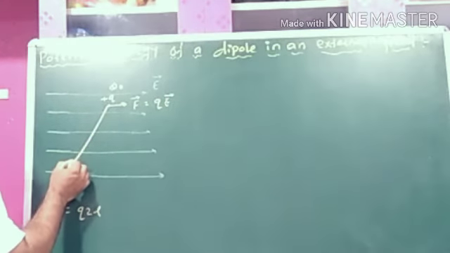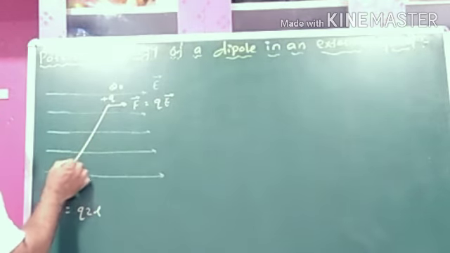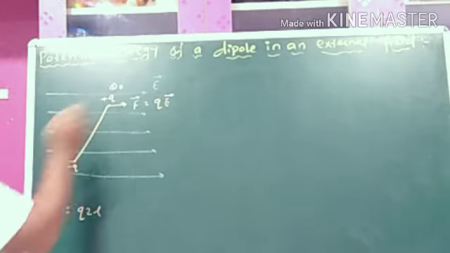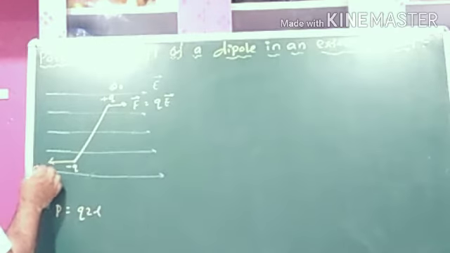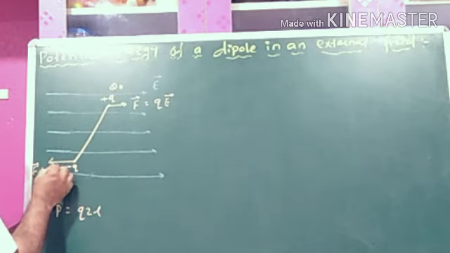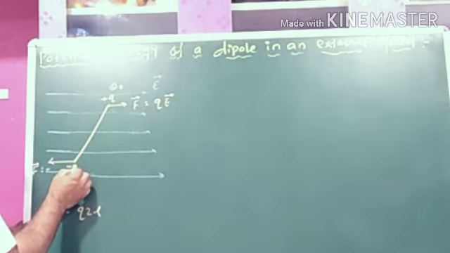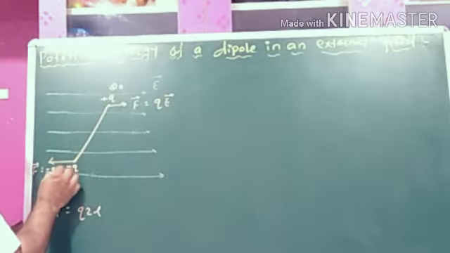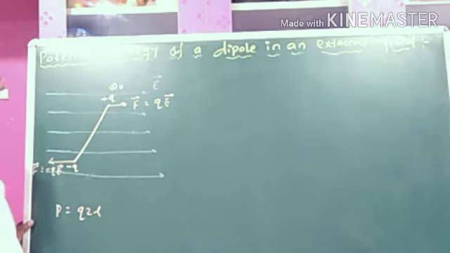Similarly, at the negative charge, along this direction the second force acts. So F is equal to minus Q into the electric field intensity E, with the negative sign because we kept the negative charge here.